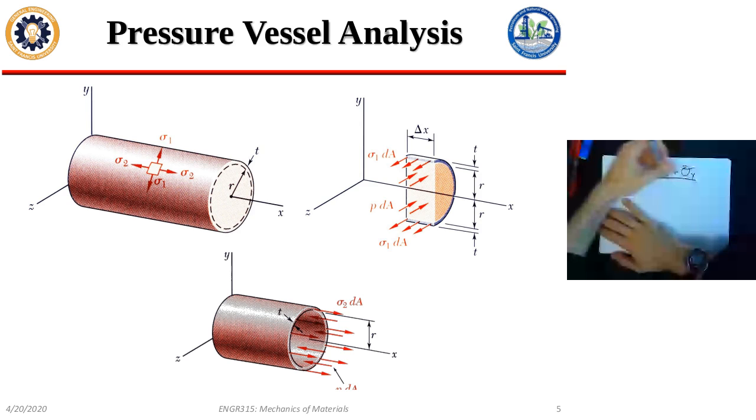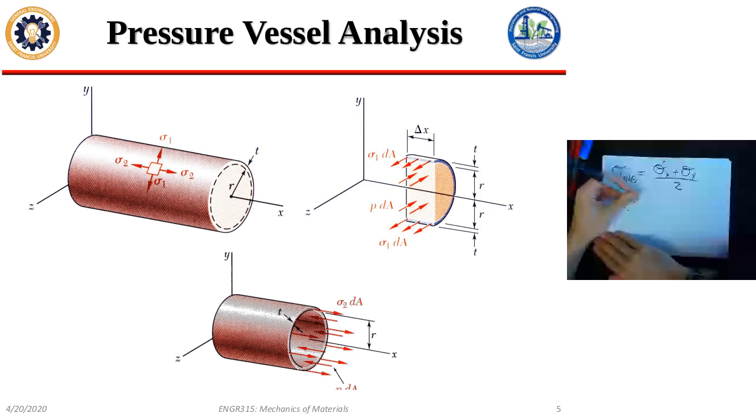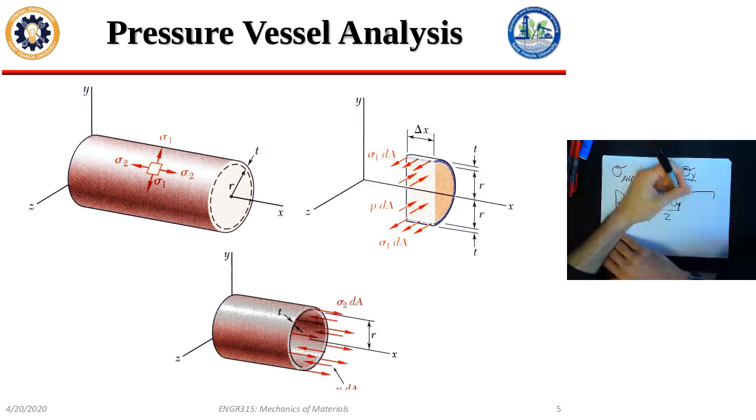These are the same old equations that we've used for Mohr's circle, except now we've gotten ourselves into a situation where sigma y is not 0.